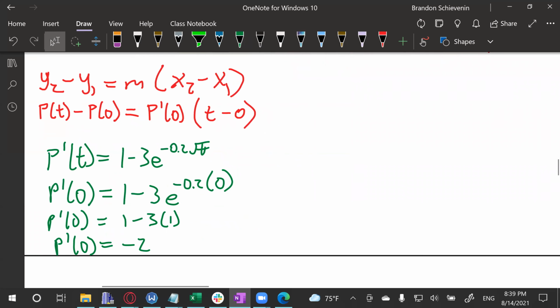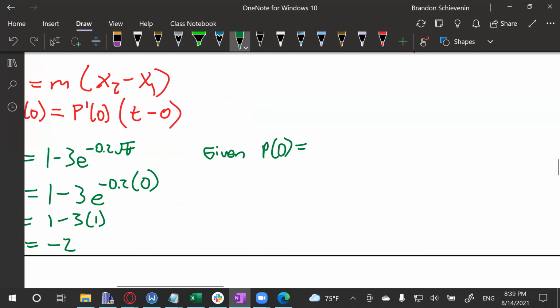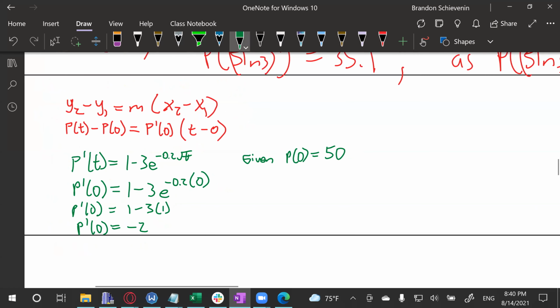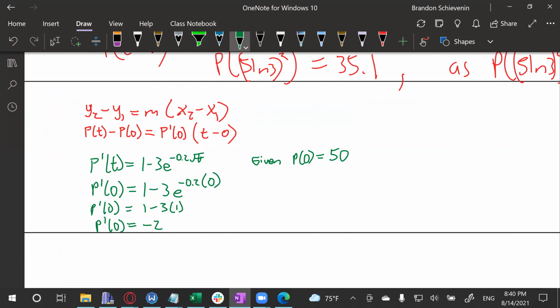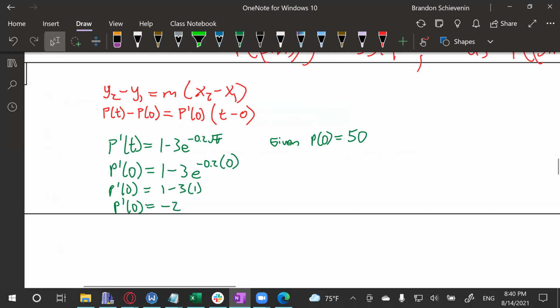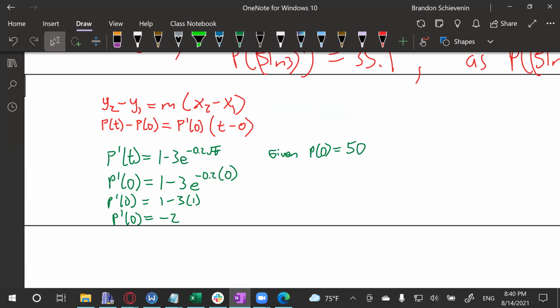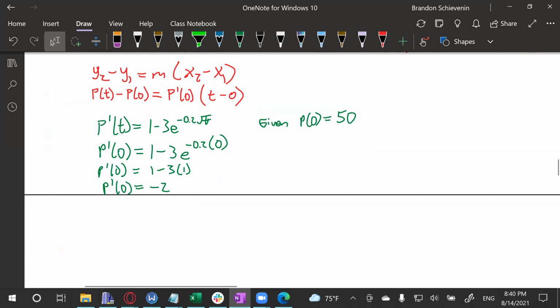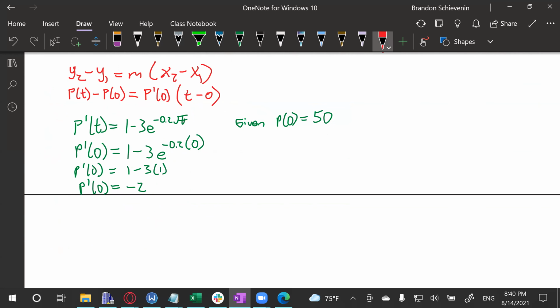And then we were given also the amount of gallons of pollutant in the tank at the start point, or P at 0, was 50 from the original problem. So using that, I'm going to plug all of that back in and finish this off. Let's just keep working down here.